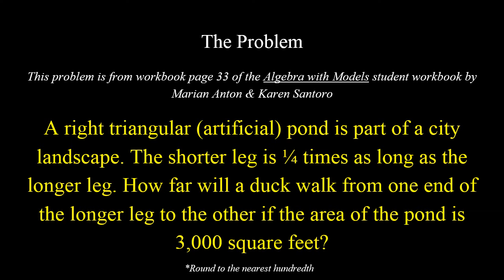So we really focus in on the question, and usually when I read these, I make sort of like a movie in my head and visualize what's happening. So I'm literally visualizing a pond that's in the shape of a triangle and a duck walking across the longer leg. Okay. So now that we've read the problem 3 times, we've underlined or circled some important information, and we know what the problem is asking us to do, we can move into that map. We can move into our first.